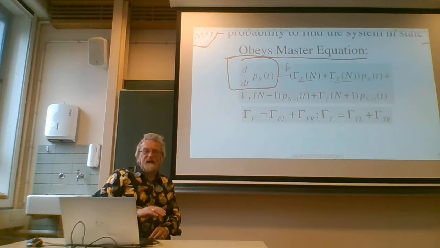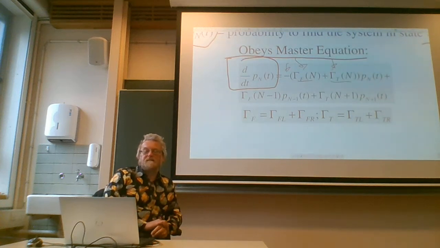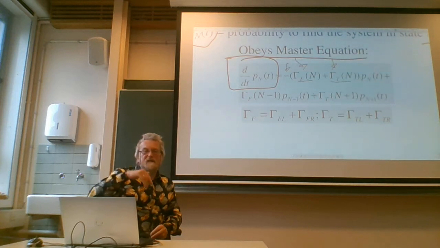So it's kind of a decay of probability with the rates of these processes. So negative processes are positive processes. Income terms. What are income?